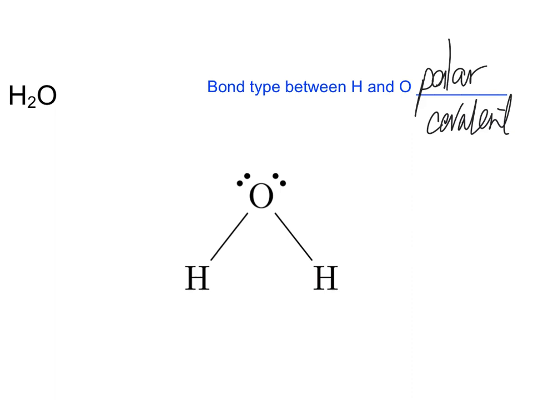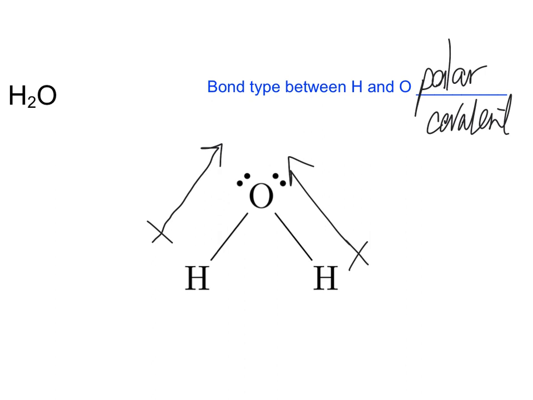So when I look at just the O and H on the left, my O is going to pull more on my electrons than my H will. My O is a little bit more electronegative. So I get a little arrow that looks like this. My H is slightly positive, my O is a little bit more negative because it can pull more electrons. When I look over at the right combination of O and H, I get another one.